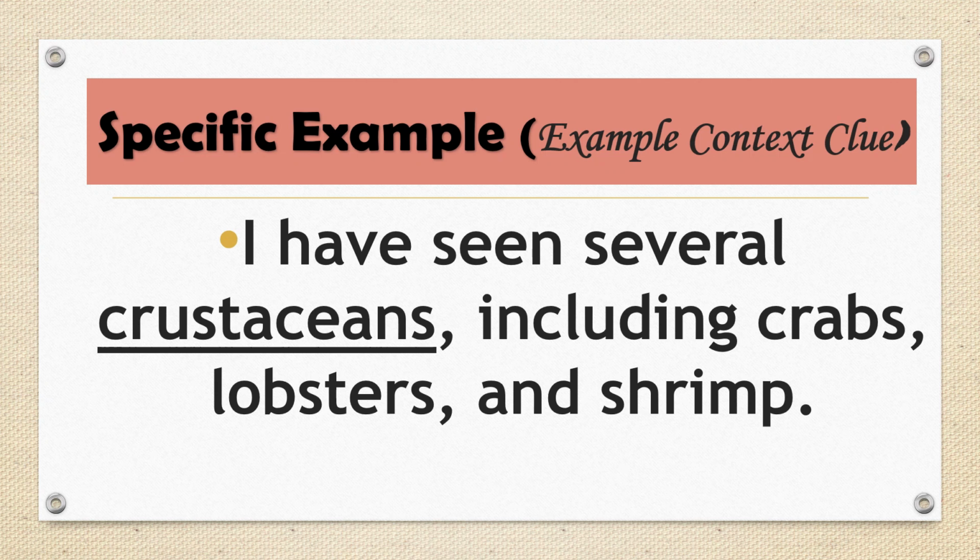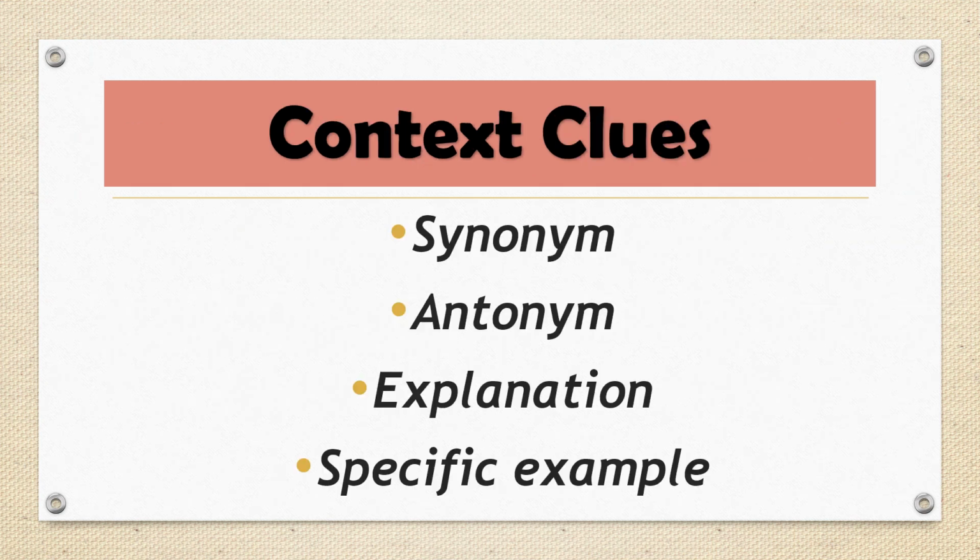We have the unfamiliar word, which is crustaceans. And it says here that crustaceans include crabs, lobsters, and shrimp. Meaning to say, crustaceans are those aquatic arthropods, those with a segmented body that can be found in the ocean, in the seas.